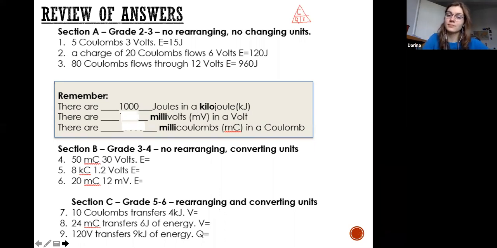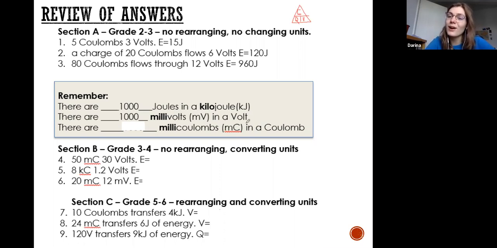Okay, so milli, do you guys know this from anywhere else? We know millimeter, right? How many millimeters in a meter? Well done. Someone's put 1,000 there, and that's the same thing, right? We've got 1,000 millivolts in a volt.